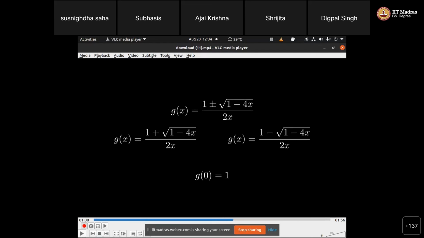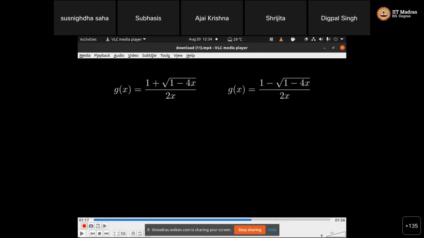Basically the value of g(0) is 1. So if we plug in 0 for the root that we are taking on the left-hand side, we'll see that we are getting 2 by 0, and the other is 0 by 0.